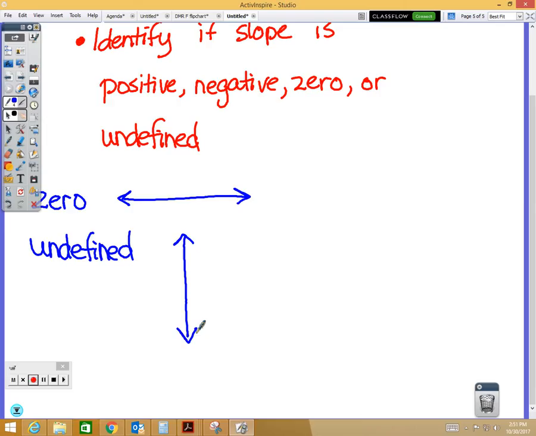And undefined is falling off a cliff. This is impossible to happen because what happens here is you get a number over 0. And it's impossible to have a denominator of 0, right? You can't have 5 out of 0. Okay, you can't have 5 out of 0. This would be 0 out of 5, which is 0, okay? But if 0 is in the denominator, you can't do this. This is impossible.